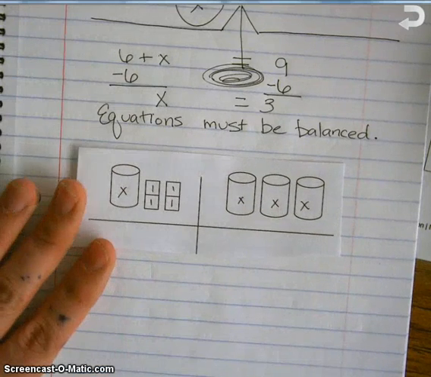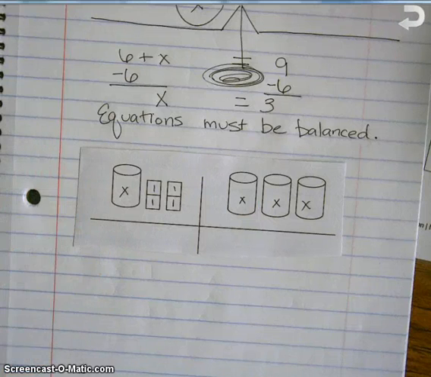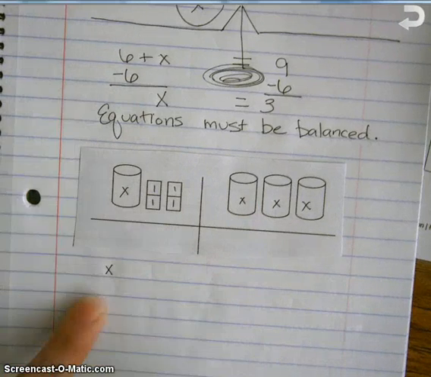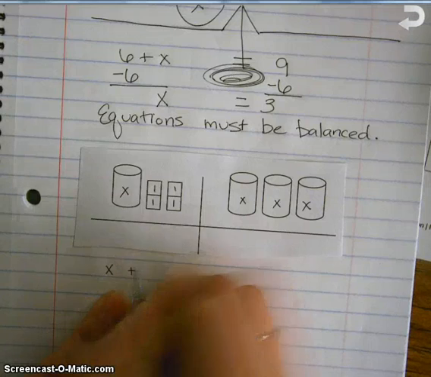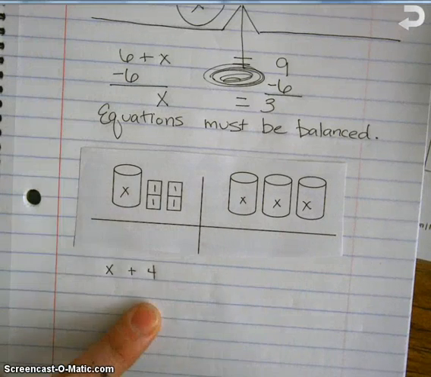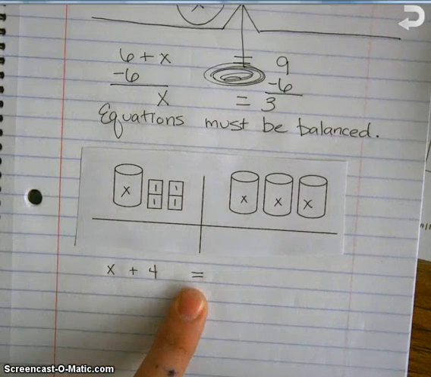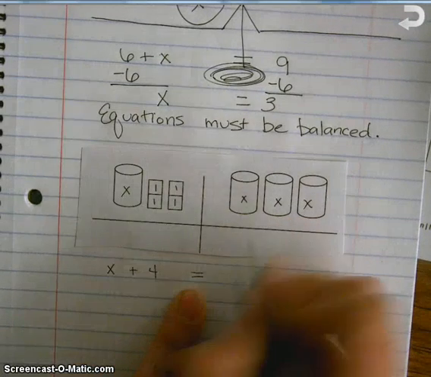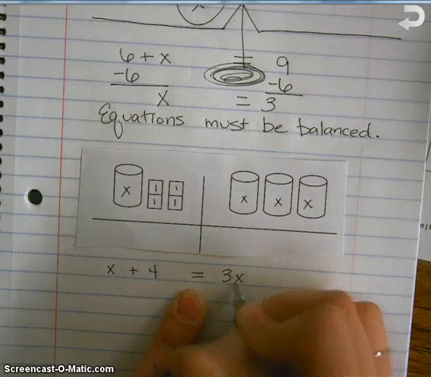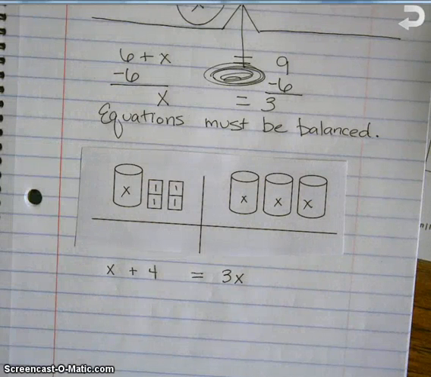So I need to write my equation. On the left side, I have 1x plus I have 4 cubes. And because it's on a balance, I know that that has to be equal to 1, 2, 3 x's. So I write 3 times whatever's inside of each cup, so 3x.